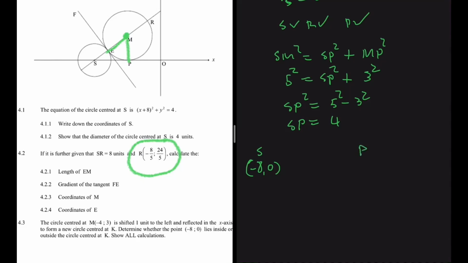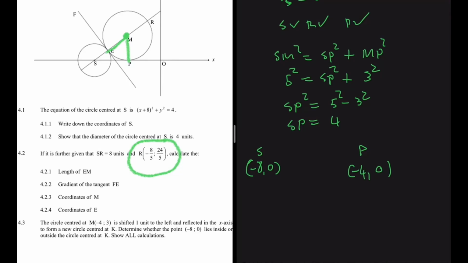And then we have P, which is the x value and 0 here, right? But we know that from S to P is 4 units, right? So what can be the possible x value of P here? It should be clear that the only possible value of P such that SP is equal to 4 should be minus 4, right? The distance from S to P will be 4 if the x value of P is minus 4.